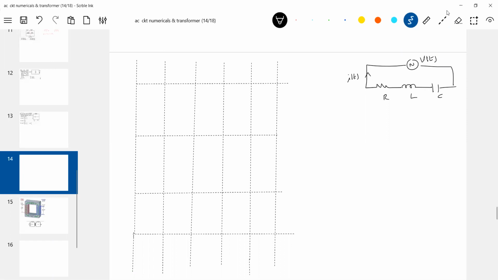Current will be... I need one more. For 1.5 cycles, I'll show it. So that will be easy for us to compare things.